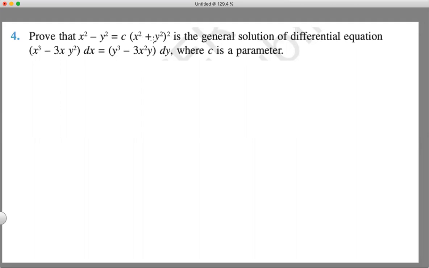So basically we just have to find the differential equation which eliminates c. See, that is the only thing that has happened here, right? We have eliminated c. So let's do that. How will we do such a question? Any ideas?